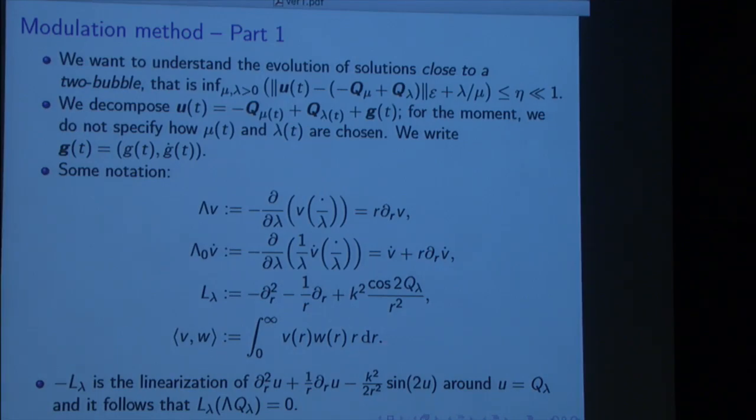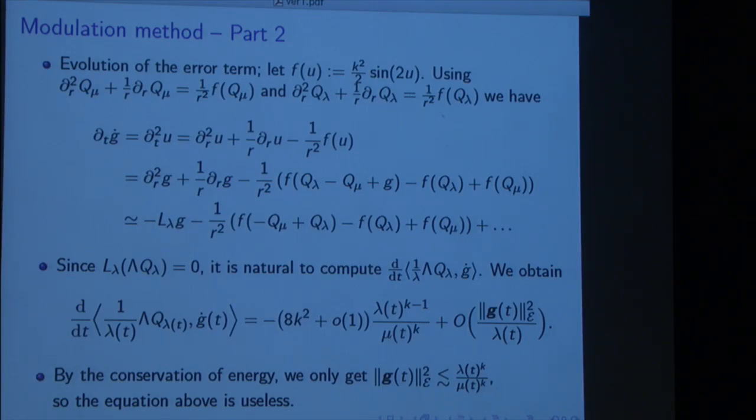Here what is important is that, from the fact that we have this family of solutions, by differentiating with respect to lambda we obtain an element of the kernel, given by the generator of the scaling applied to q lambda. So this is no magic. This has to be always like this. Each time we want to perform such an analysis, we have some symmetry of the flow, and differentiating with respect to the symmetry, we have some kernel.